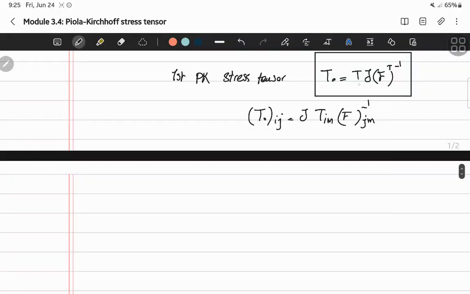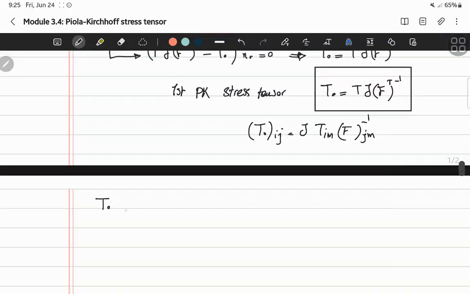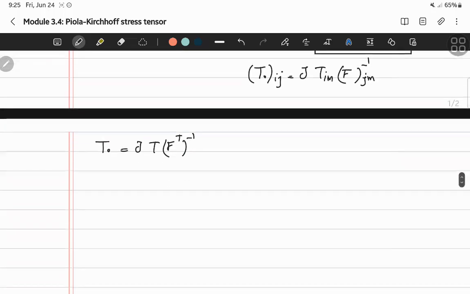So here we found the first Piola-Kirchhoff stress tensor, but we can also write T, the Cauchy stress tensor, in the form of first Piola-Kirchhoff stress tensor. So T is equal to 1 divided by J. Let me write everything in here again, so you can follow what I'm doing. T, I first write this J because it is scalar, T, F transpose inverse.